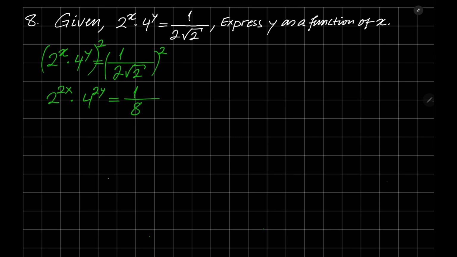Then it is 2 to the power of 2x times 2 to the power of 4y, which is equal to 1 over 2 to the power of 3, which implies that 2 to the power of 2x times 2 to the power of 4y is equal to 2 to the power of negative 3.